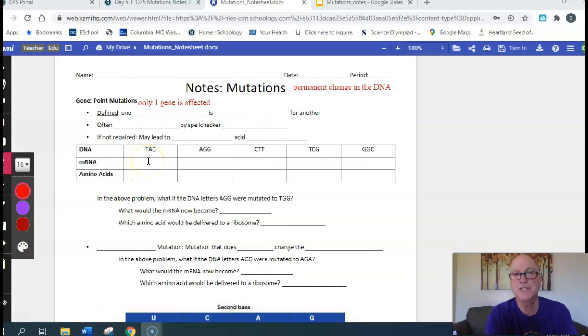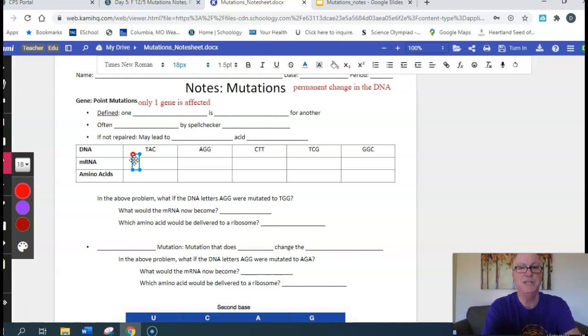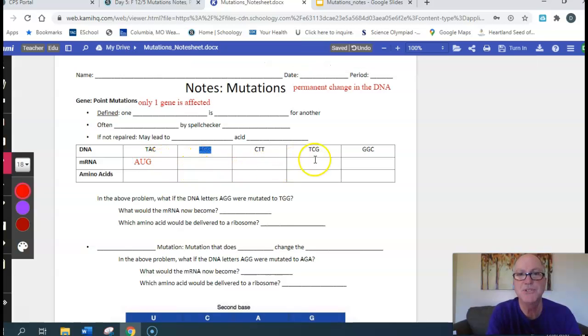Okay, what I would like you to do is pause the video and try this out. Let's suppose this is your DNA molecule, one strand of it across the top row. We know it's DNA, it's got T's in it. Make the messenger RNA that would be created by the enzyme during transcription in the nucleus. So that's a T. For example, if you put a text box in there, the T would bond to an A, then A would bond to a U. And then C would bond to a G. So go ahead and do that for each of those boxes and create your messenger RNA.